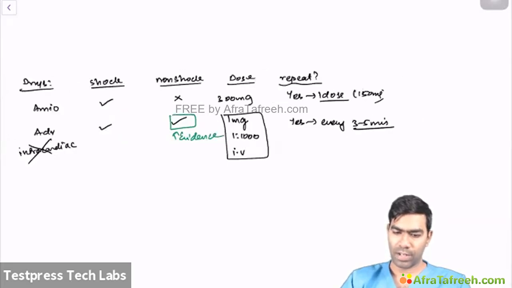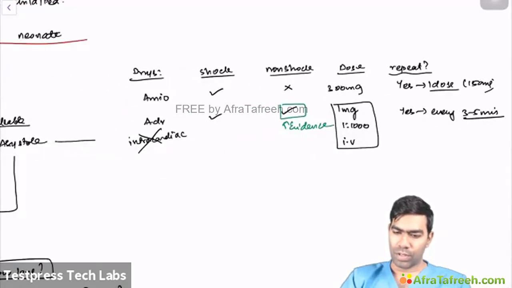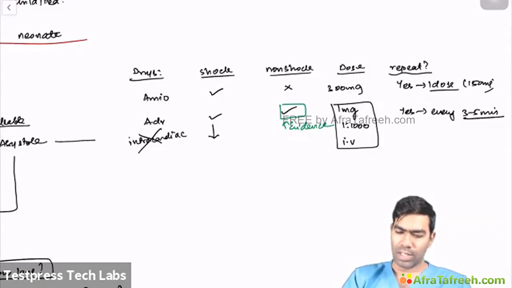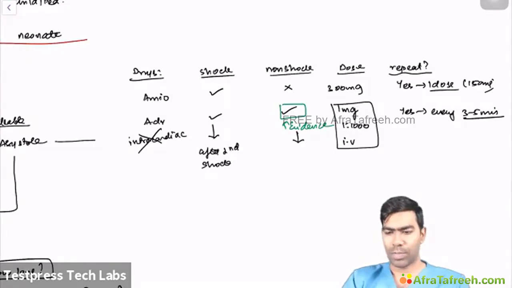Adrenaline, you're going to give for both shockable as well as non-shockable rhythms. If you are giving for shockable rhythms, you will be starting after the second shock. But if you're using it for non-shockable rhythms, then you will be starting immediately.